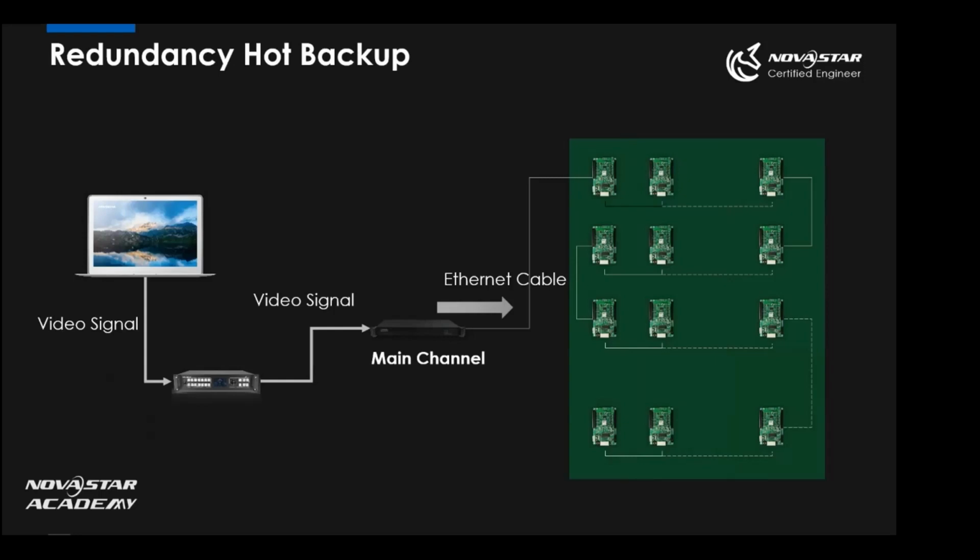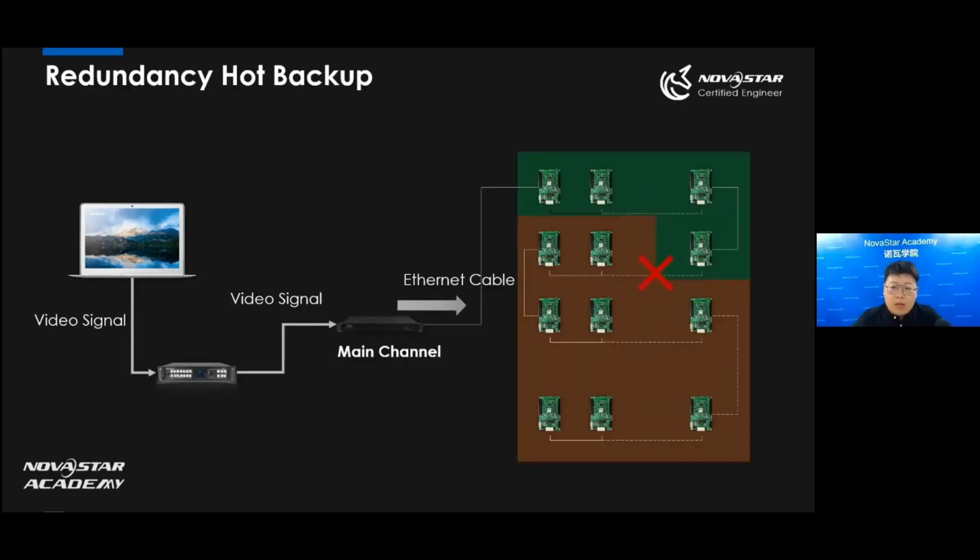Let's think about what happens if any cable between two receiving cards is broken. The rest of the receiving cards will not get the data from the main channel. Of course, this part of the screen will be blank. So how can we deal with it? NovaStar provides the backup solution. The rest of the receiving cards will get the data from the backup channel.